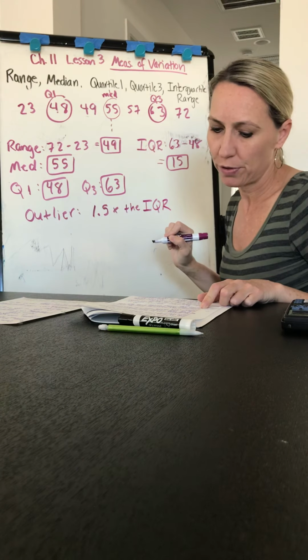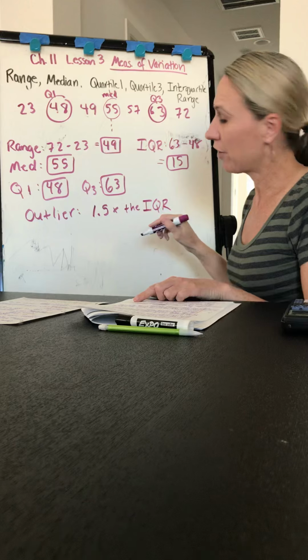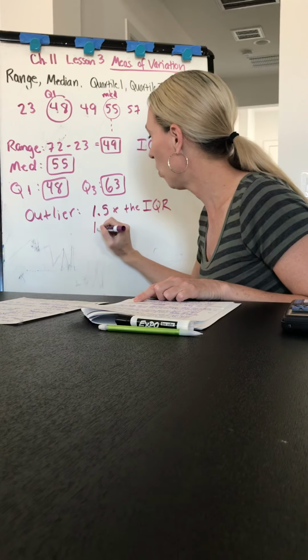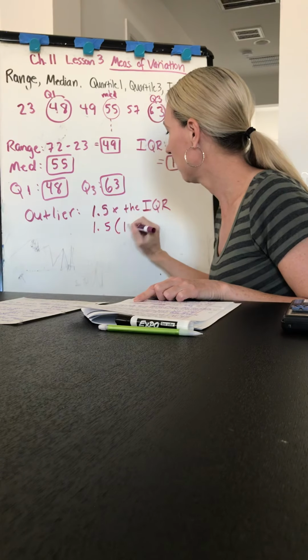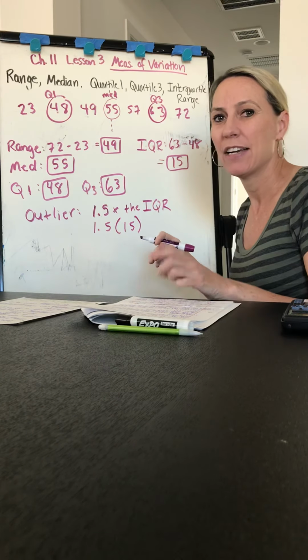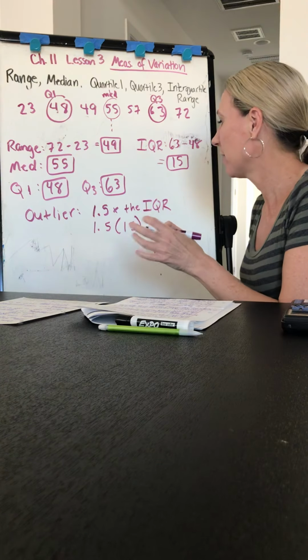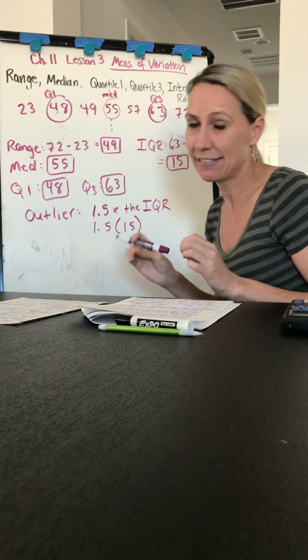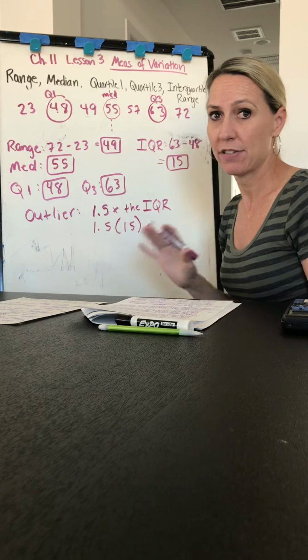So what you do is you find the interquartile range, which in this case is 15, and you multiply it always by 1.5. So it has to be 1.5 times away from the interquartile range. And that's what statistically in higher level math is considered the outlier.